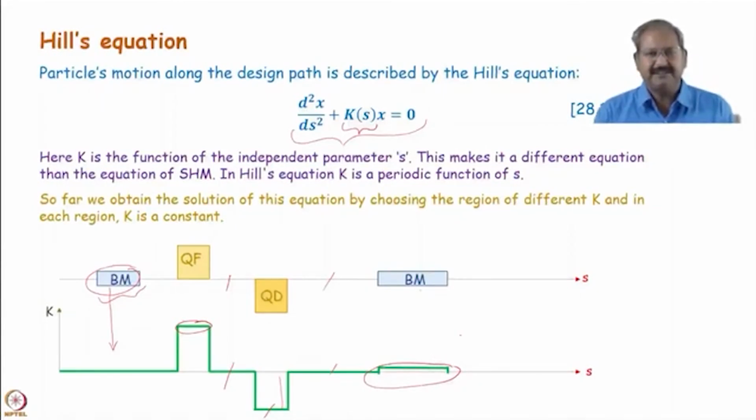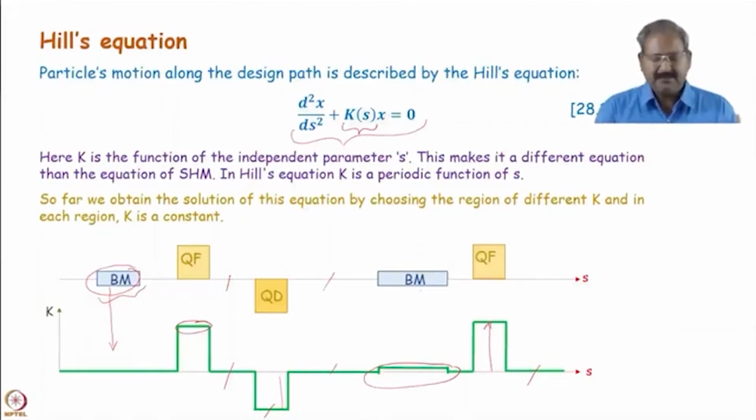So in general, in the optics of charged particles, the focusing effect of the dipole magnet is weaker than, or not as significant as, the quadrupole. And again there may be a quadrupole, so k rises to this value, and again a drift space, k is 0.